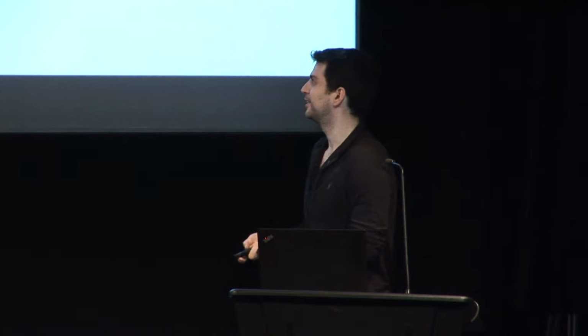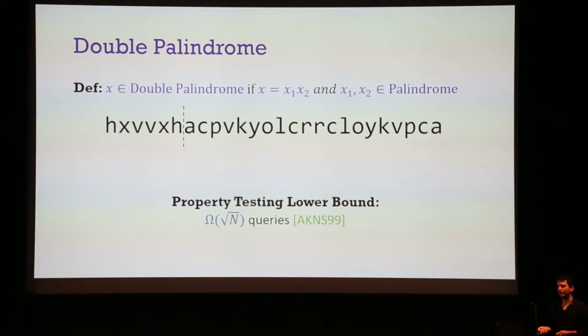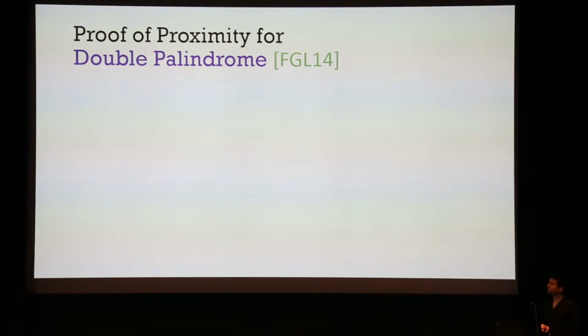Also yesterday, we saw a different model where we allow the tester, which we then refer to as a verifier, to interact with a prover and maybe help solve this problem. We saw that double palindrome has a very efficient proof in this setting, which we call proof of proximity.